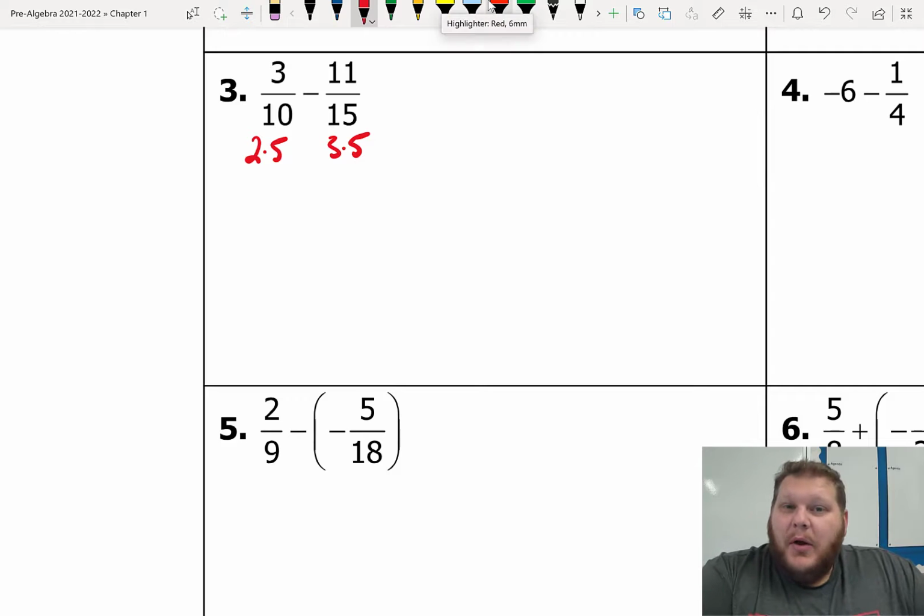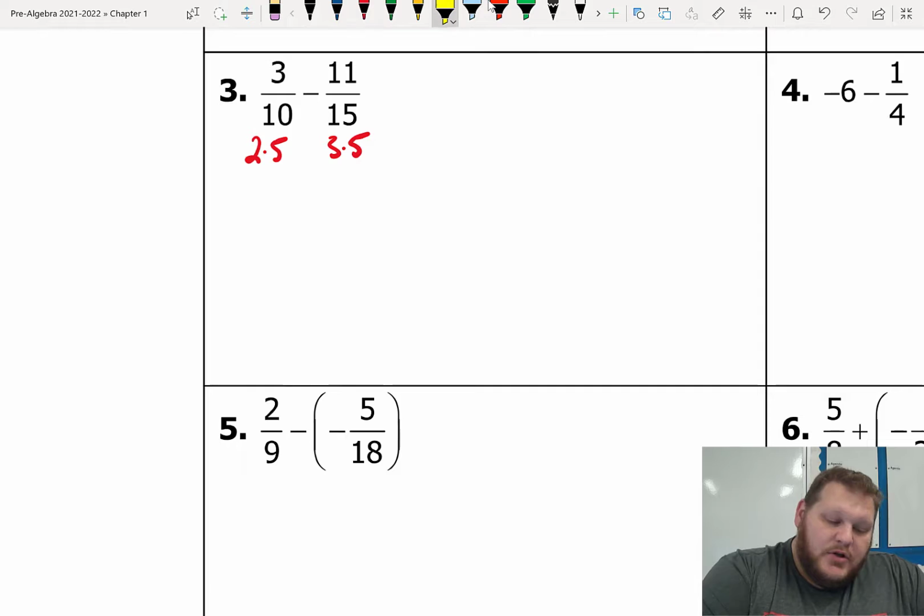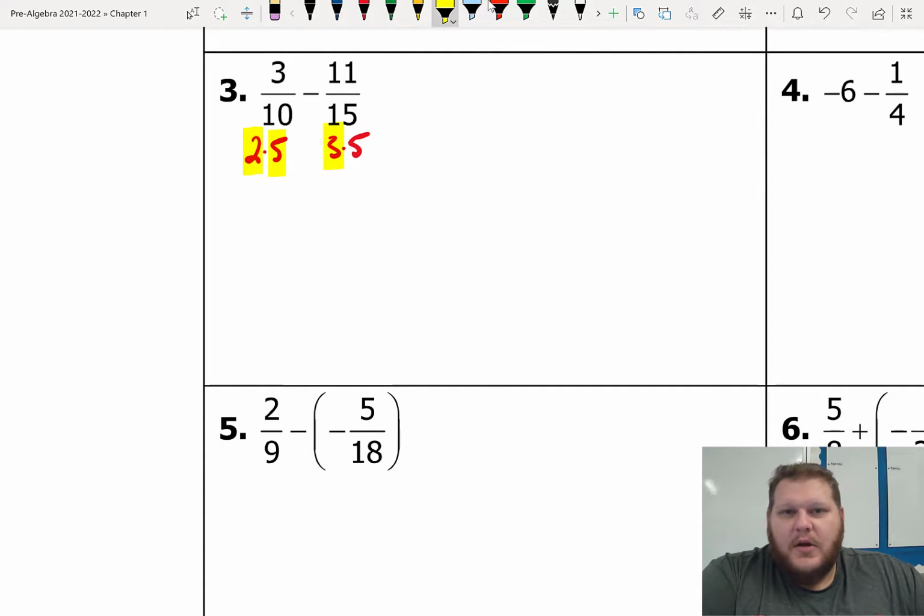The least common multiple, the LCM, which is going to be our least common denominator, just has to include everything that shows up. So I see a 2, a 5, and a 3. The 5 shows up in each of them, but I only need it once. If I multiplied all 3 of those together, that would give me 30.